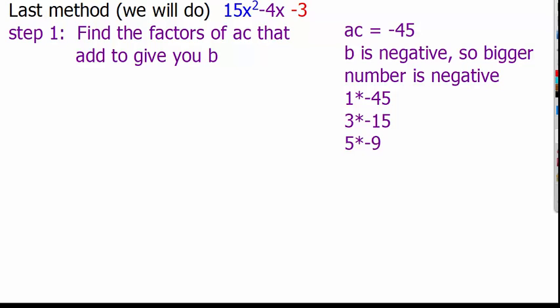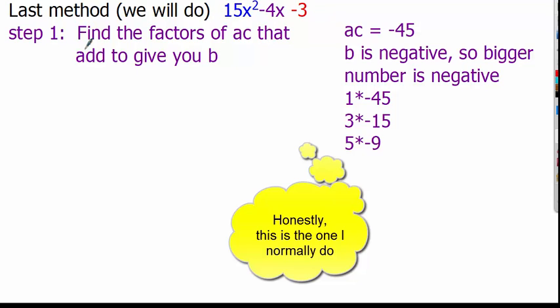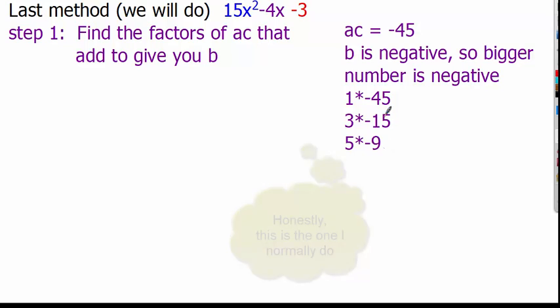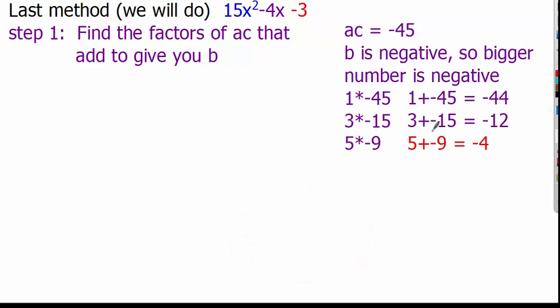The last method that we're going to do, we have the same type of problem. We're just going to go straight to what are the factors of AC that add to give me B. And so we multiply these two, we get negative 45. And what we notice on these is we're looking for negative 4 and we found it.